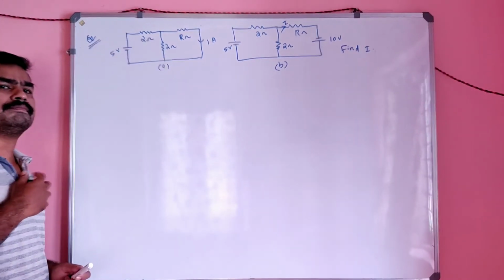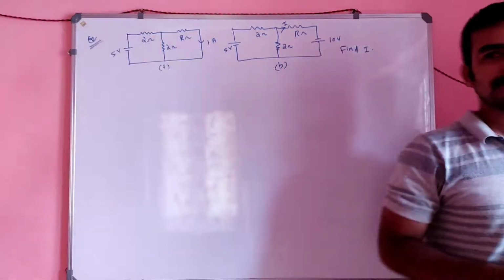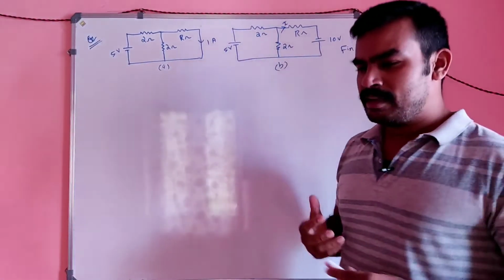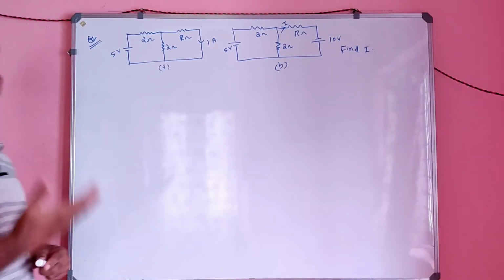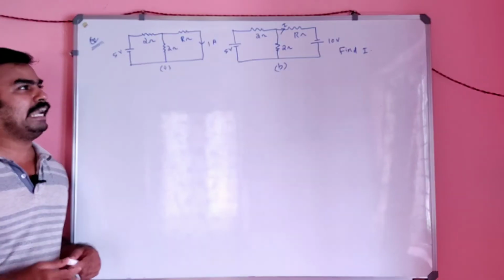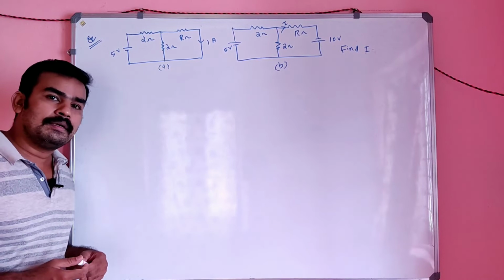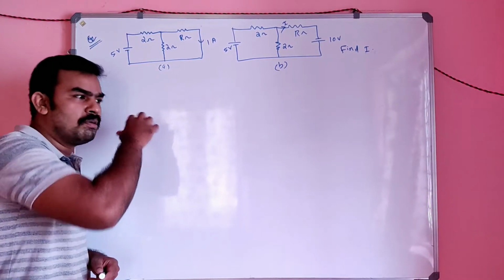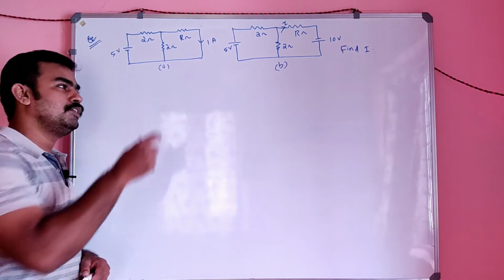How can we solve such a beautiful question? In your RRB JE exam or RRB SSC, SSC JE, any such examination, problems like this will be there, but not long problems, only short problems.